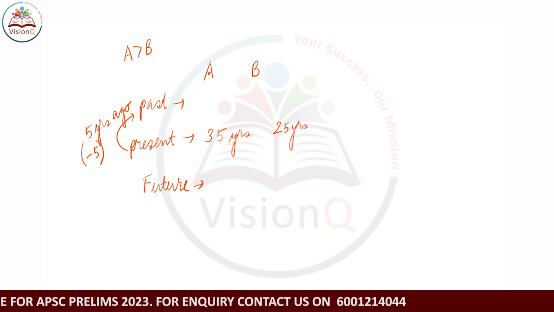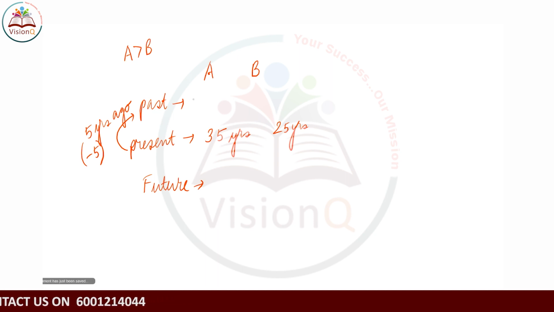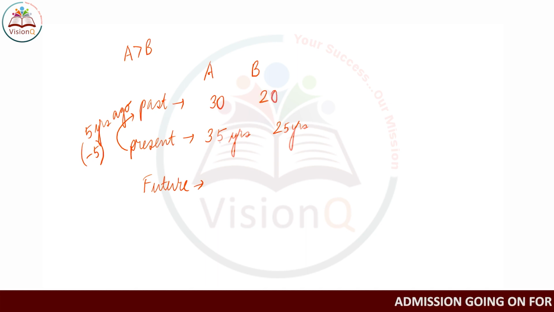If you have to move from present to past, you have to subtract 5, isn't it? If the present age of A is 35 years, then 5 years ago the age of A was how much? 35 minus 5, which is 30 years. And the present age of B is 25 years, isn't it? So the age of B before 5 years was 25 minus 5, which is 20 years.